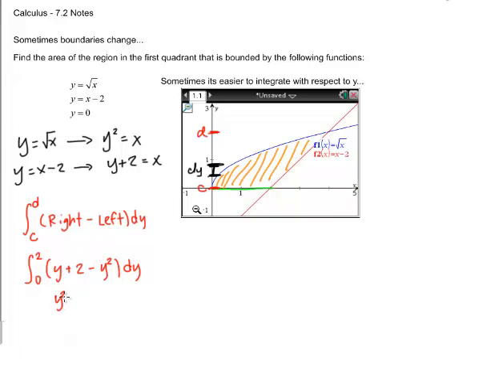You're going to end up with y squared over 2 plus 2y minus y cubed over 3, and we're going to integrate from 0 to 2. Either way, you should get 10/3 here, or if you punch this into your calculator, 3.3 repeating. And it's just another way that you can integrate. It's not hard, and sometimes it can actually be quite a bit easier.